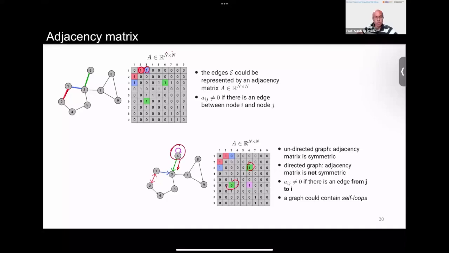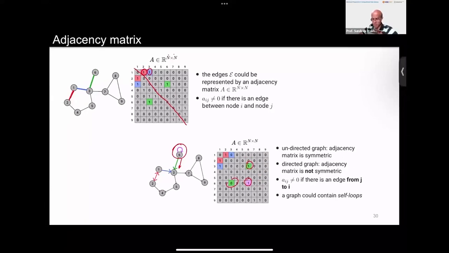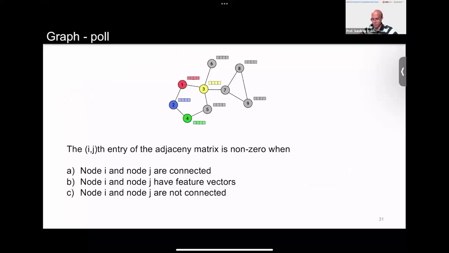It can have self loops, which means that there is an edge between node 6 and 6. In a graph with no self loops, the diagonal entries are all zeros, but graphs can come in different forms, with directed edges, with self loops, and so on. So the adjacency matrix basically encodes the graph structure as a matrix. That is something that is easy to remember.